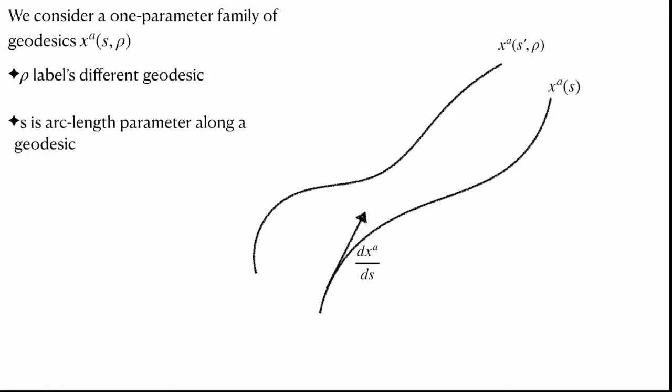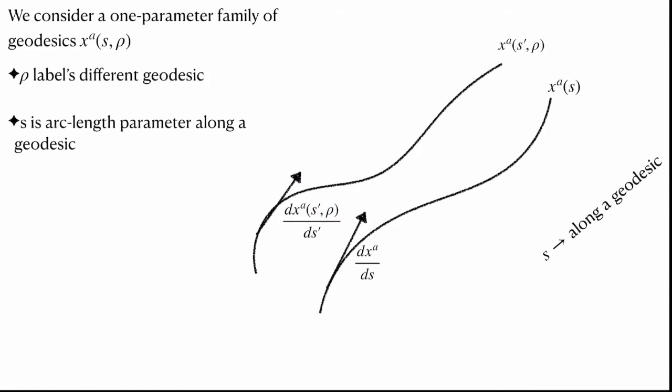Then we have a neighboring geodesic given by the arc length parameter s', x^a(s', ρ). ρ gives you the next geodesic, and that also has a tangent vector. So we can parameterize the entire family of geodesics using the parameter ρ. By changing ρ, we get different geodesics.